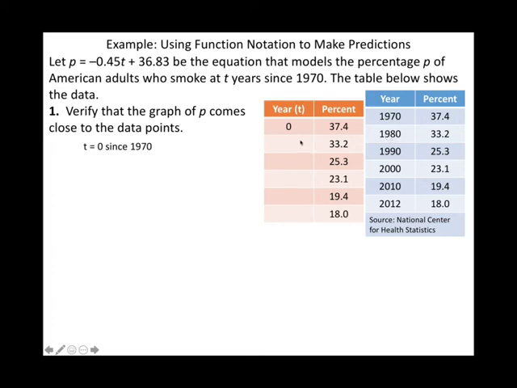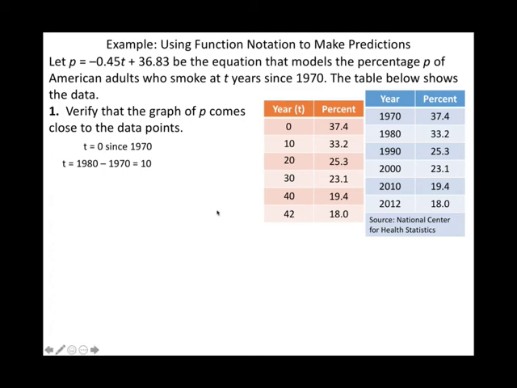What is your t equal to? You can subtract 1980 minus 1970 equals 10. So that's why I get the 10 in here. Figure out what t equals when 1990, 2000, 2010, and 2012. You should get this.